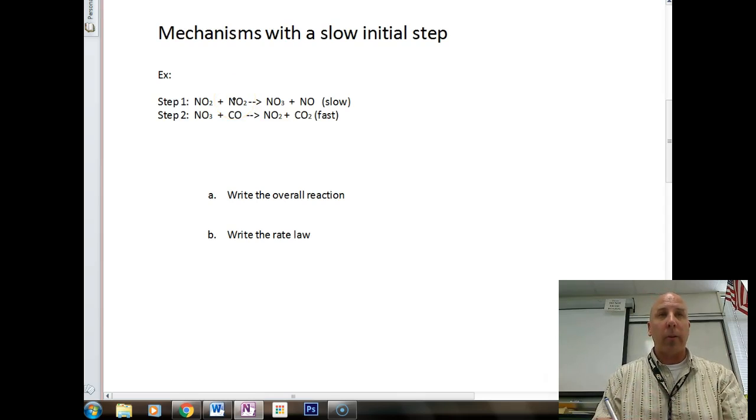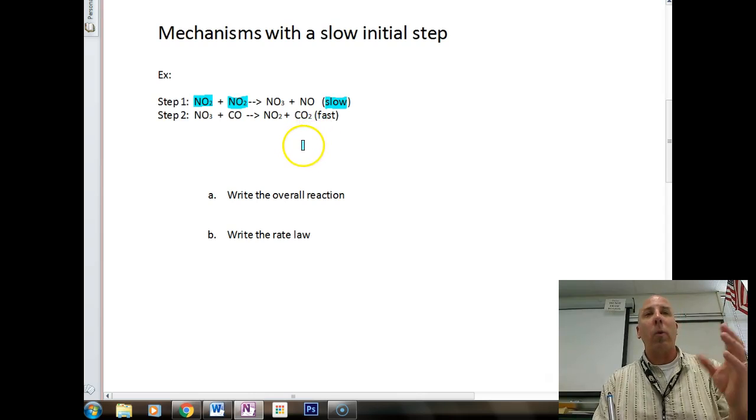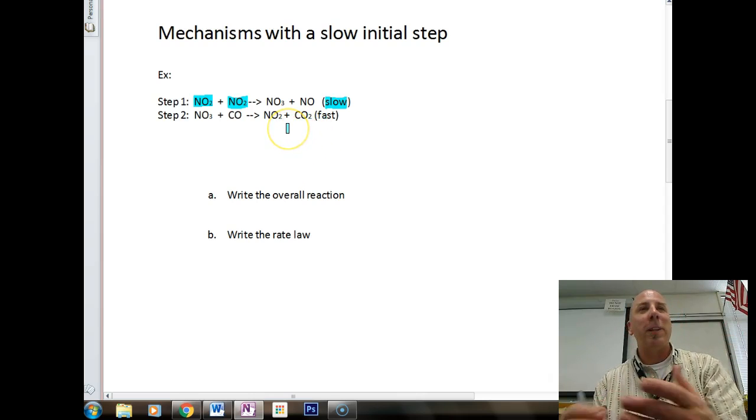We see that nitrogen dioxide is going to collide with nitrogen dioxide. It's going to be bimolecular to form nitrogen trioxide and nitrogen monoxide. And it tells us this is a slow step.